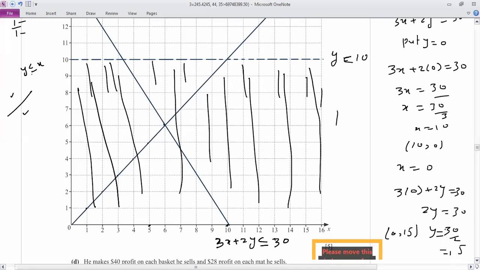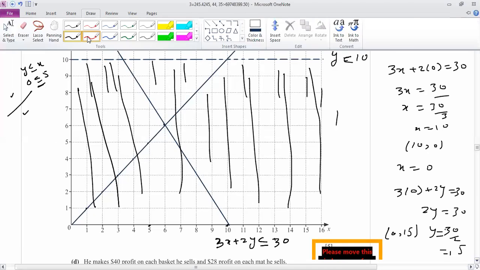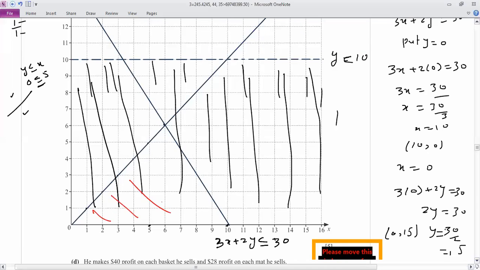If I put (5, 0) in this one, meaning x is 5, y is 0, what will it be? 0 less equal to 5, which is true. Yes, 0 is less than 5, although not equal, but at least it's less than 5. So solution region will be in the direction of that point. I would say this is a solution region. Under this line, the whole solution region is there.